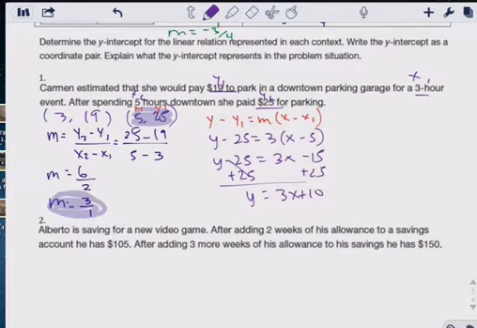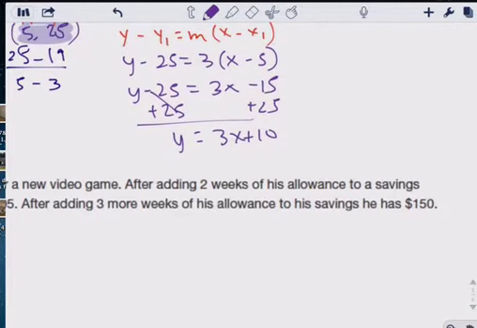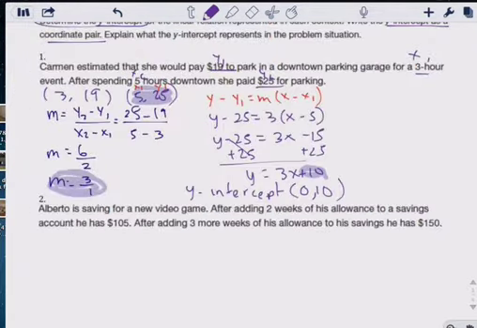Okay, and they want you to determine the y-intercept. Write the y-intercept as a coordinate pair. Okay, y-intercept is at 0, 10. And explain the y-intercept, okay?